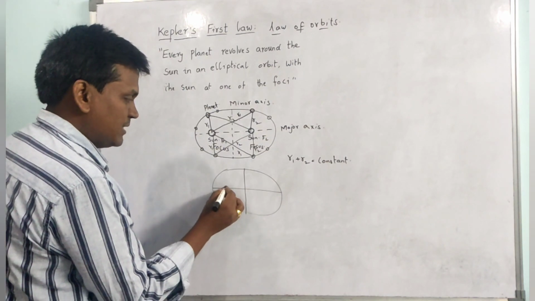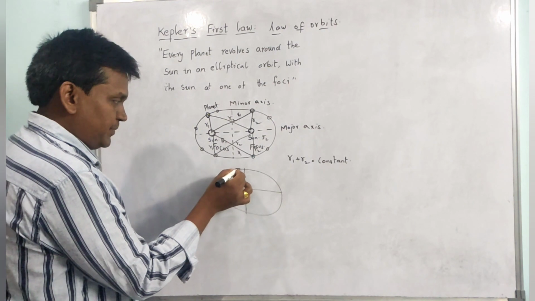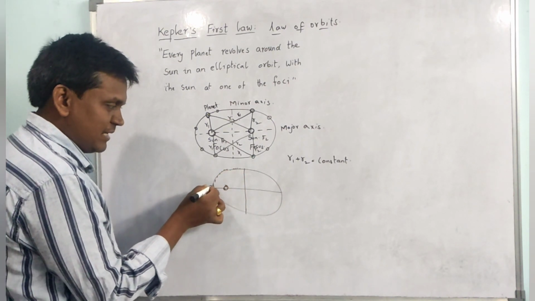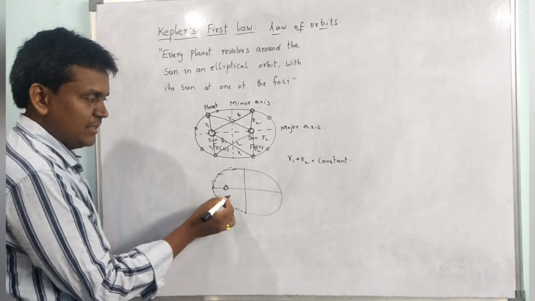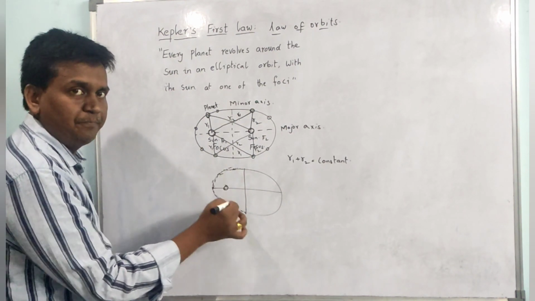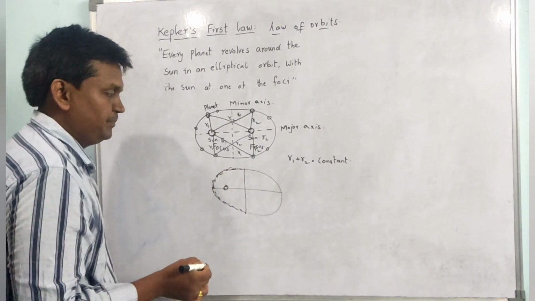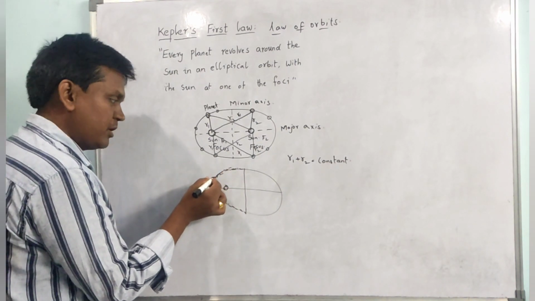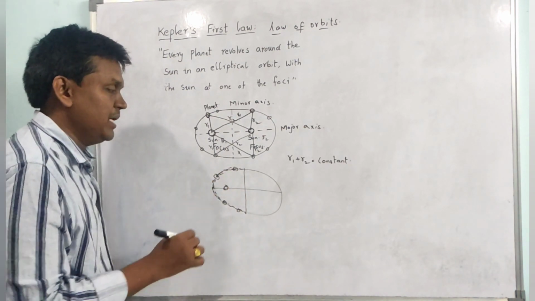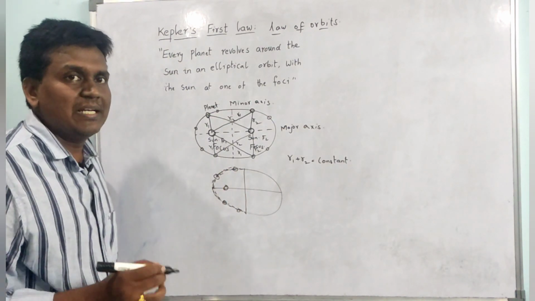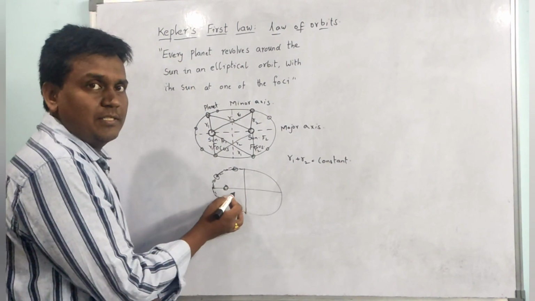If you consider the sun located at this point, whenever the planet is revolving in this path it will be nearer to the sun. The nearest point may be here or here or here, anywhere at one point.